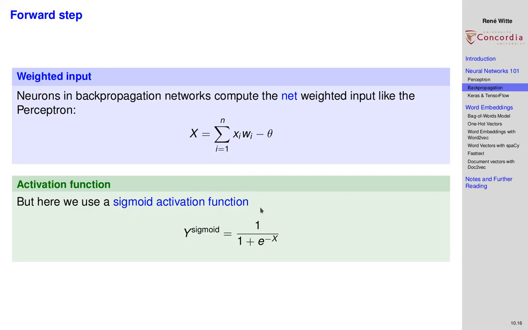They have various advantages and disadvantages, but this is one of the classic ones used in the original backpropagation idea. So again, this is how to decide based on the input x here, which is the weighted sum, just like before, what do we compute as the output? So it's not going to be just 0 and 1, it's going to be a value in between.